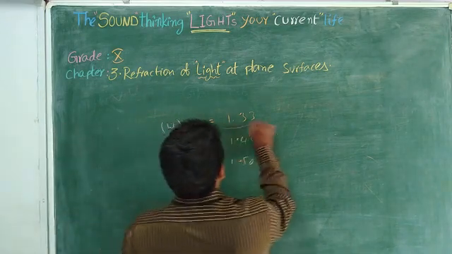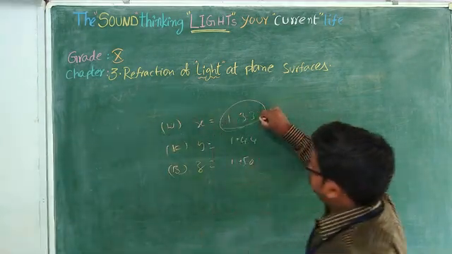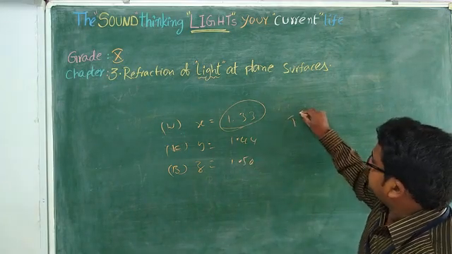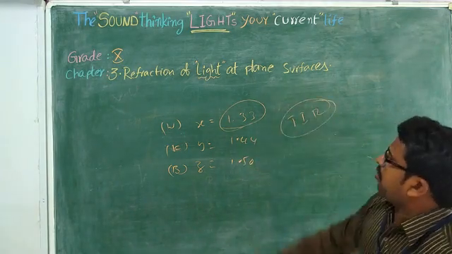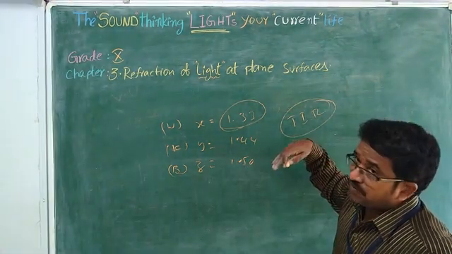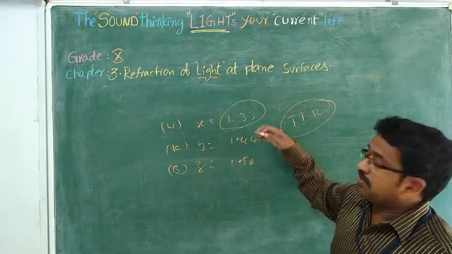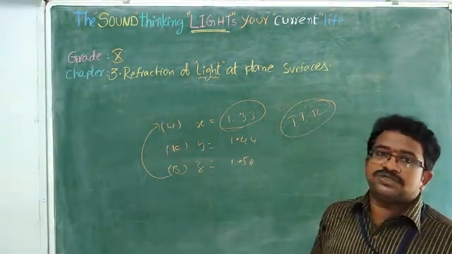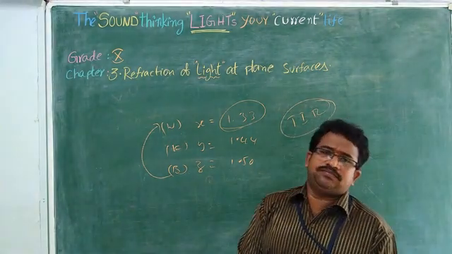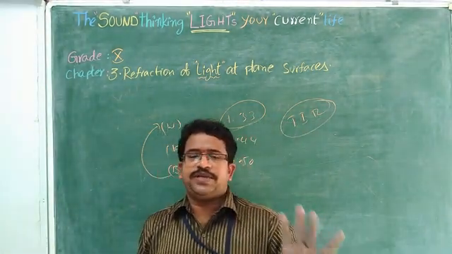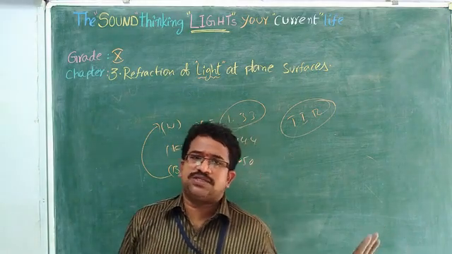With respect to these, where is there the maximum chance of total internal reflection, TIR? It has to move from denser to rarer, so from benzene to water. Like that, questions may come based on the table. Based on the refractive index, there are so many questions.